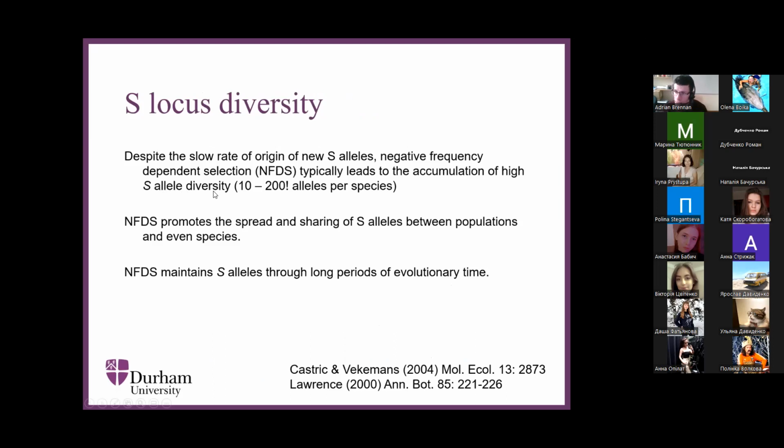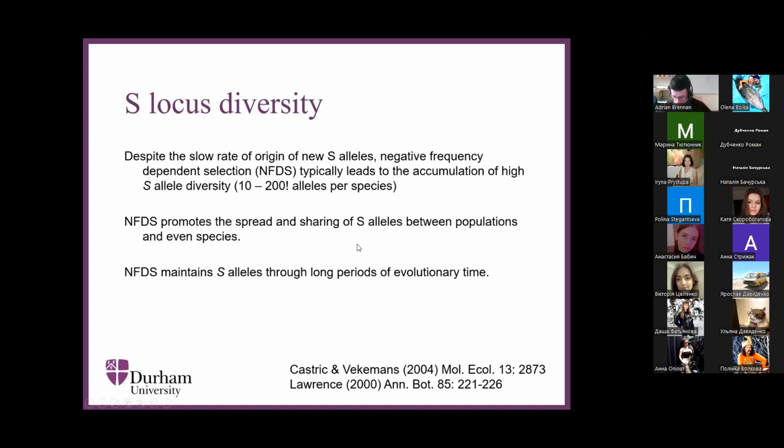The S locus is the most polymorphic genetic region known in plants, similar to the diversity that you find at the immunity genes in mammals, for example, the MHC genes.